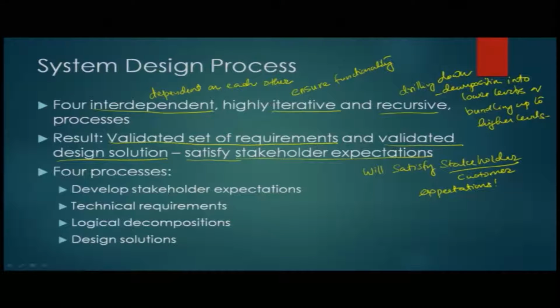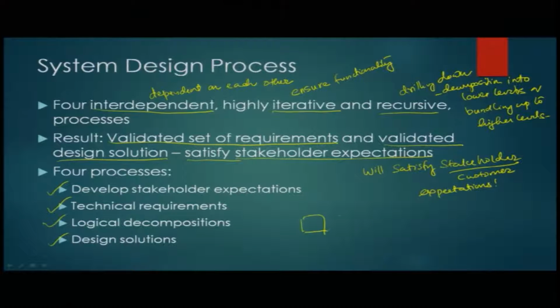So we talked about there being four processes. Which are those four processes? The first process is to develop stakeholder expectations: how do we develop the stakeholder expectations from the input? And then we establish the technical requirements. Then we talk about logical decomposition and the design solutions. These are the four processes. They are interdependent.